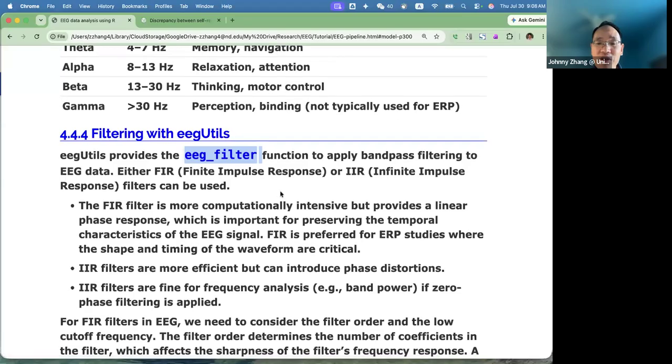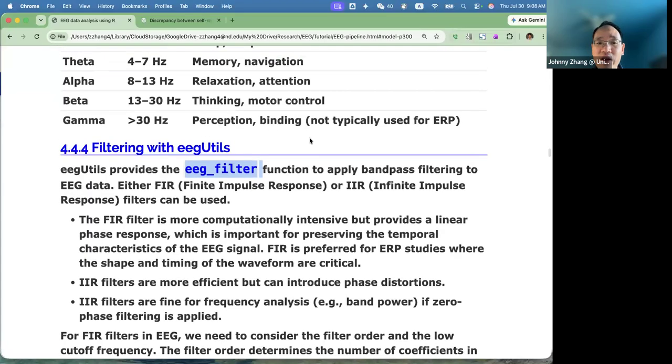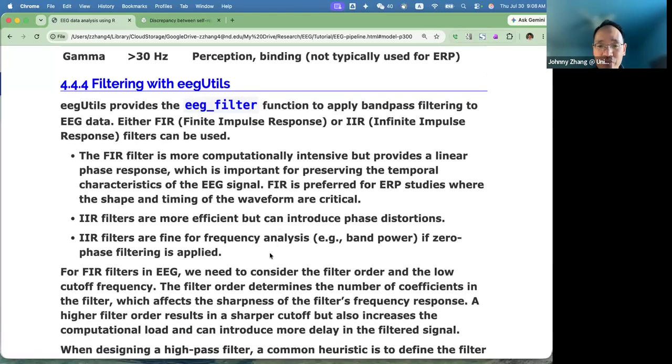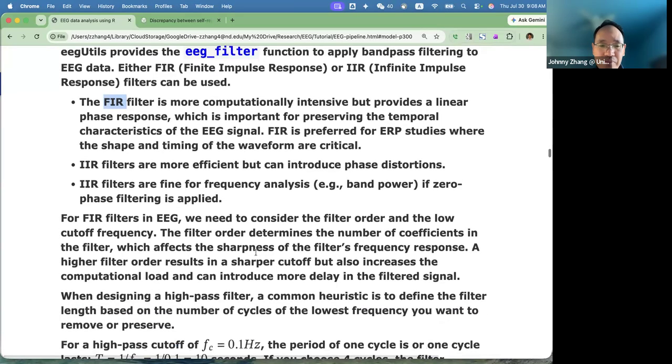Those filters can automatically remove those very low or very high frequency signals, but they are based on certain algorithms. FIR is generally recommended. Also, it can be slow, less efficient.